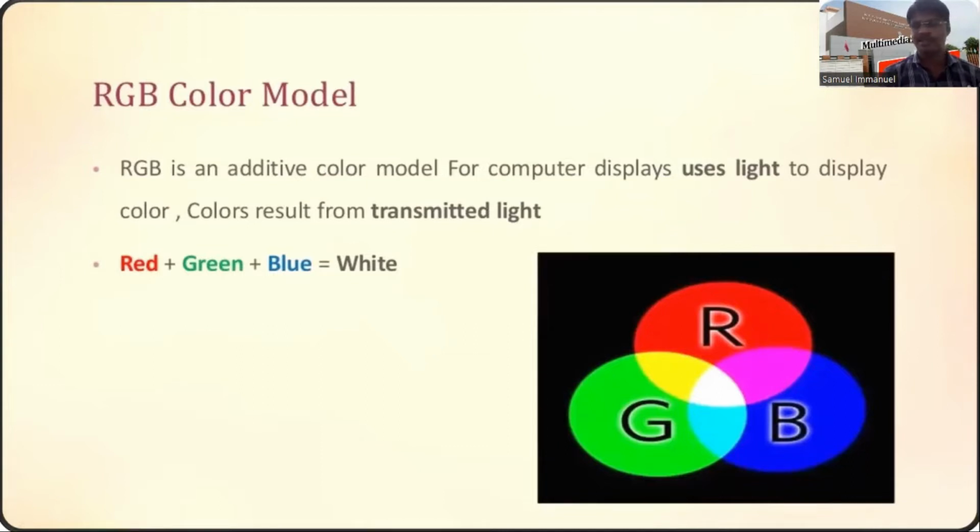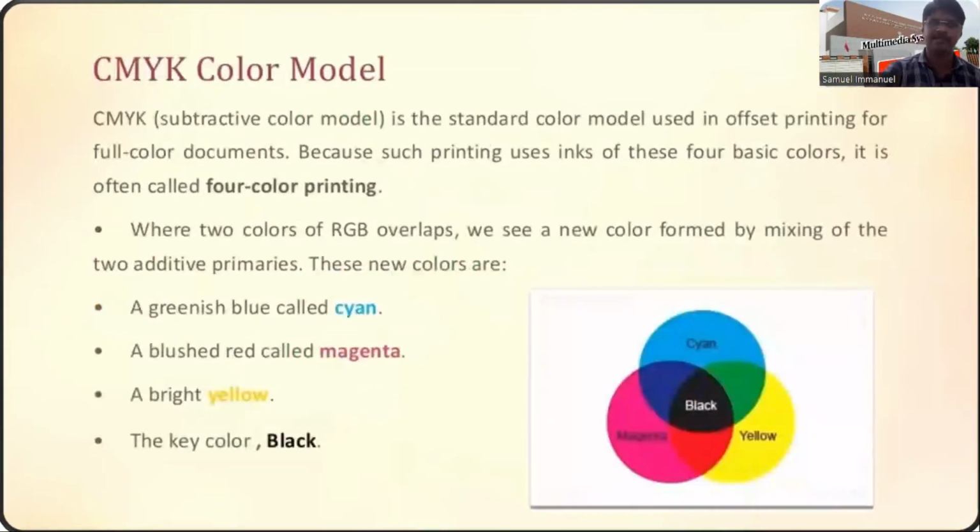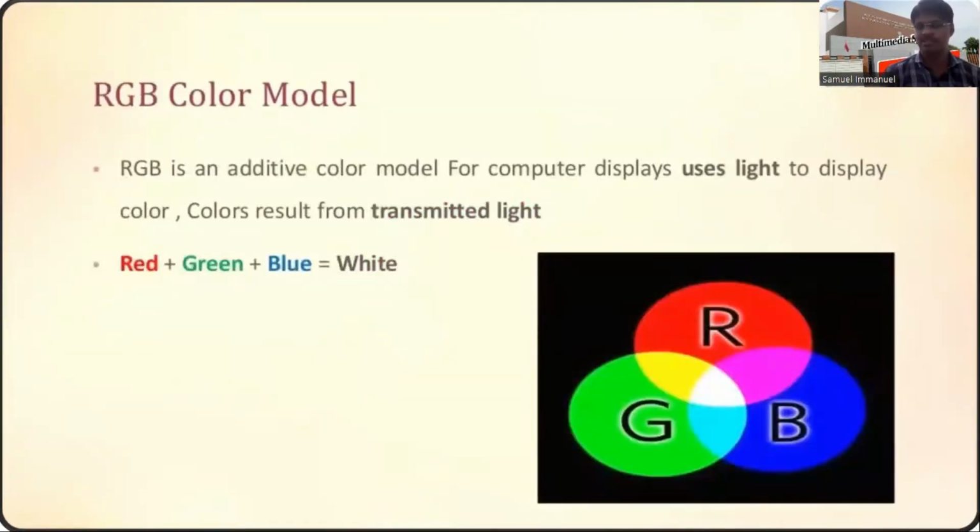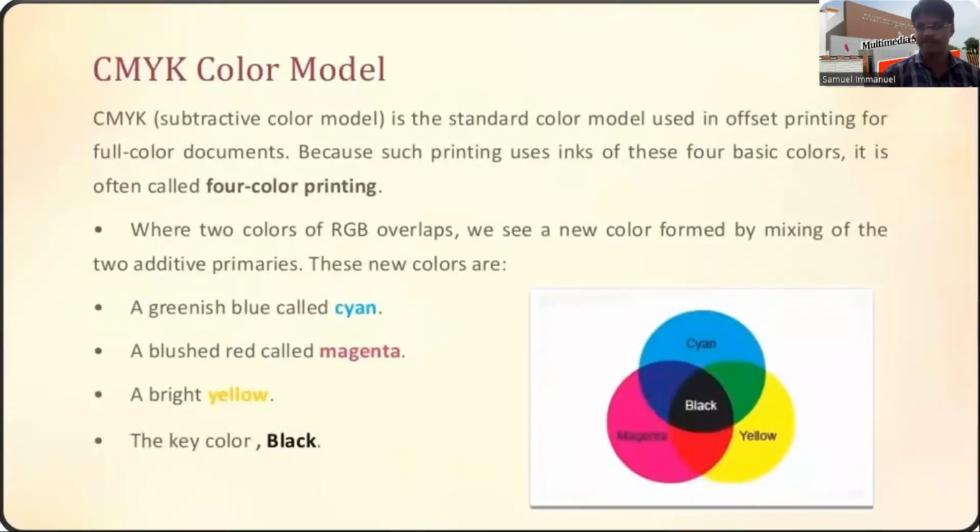RGB color models are used mainly for displaying in computers, and they use light to display the color, with colors resulting from transmitted light. That is about RGB. And red, green, blue combined gives you white.